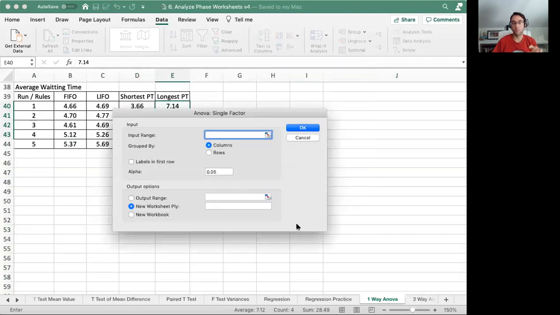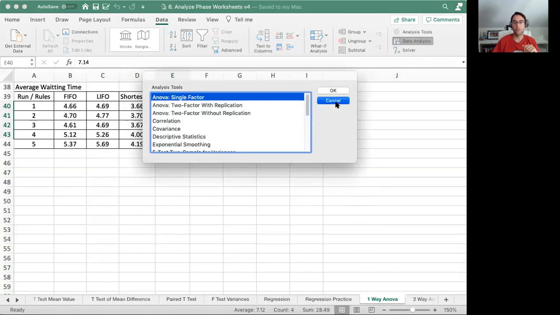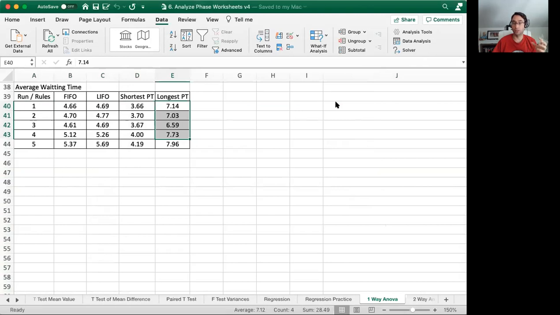Click here and follow the steps as I explained, and let me know if there is a significant difference between those rules, any one of them, yes or no. Can I reject the null hypothesis, yes or no? And if so, which one has the shortest average time, and which one has the longest average time? What is the difference between them?